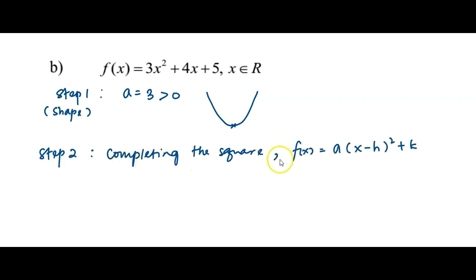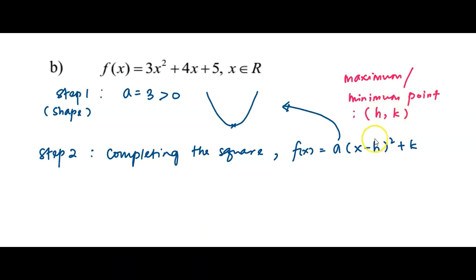We convert our function into this form: a(x minus h) squared plus k. When you have successfully changed your function into this form, the a gives you the shape of the graph, and the minimum or maximum point will be given by h and k.